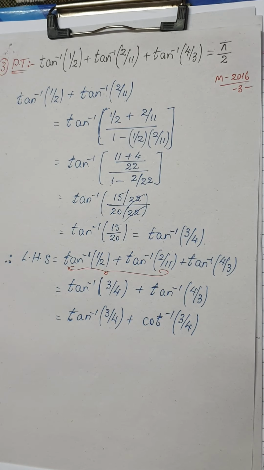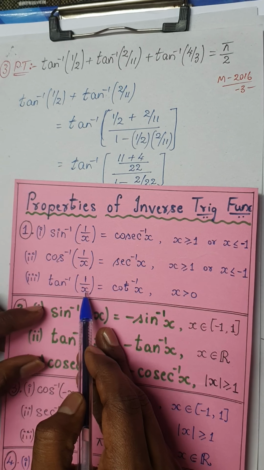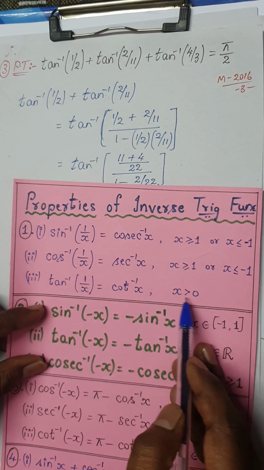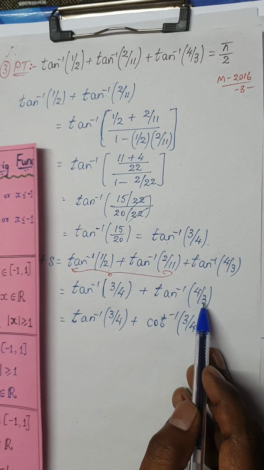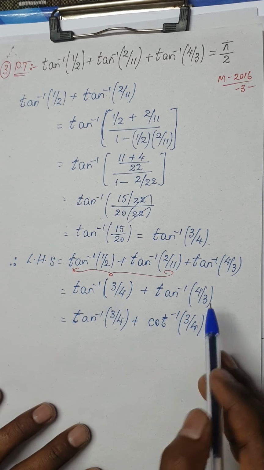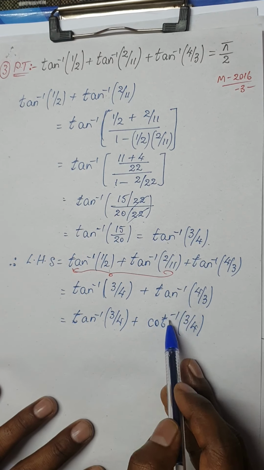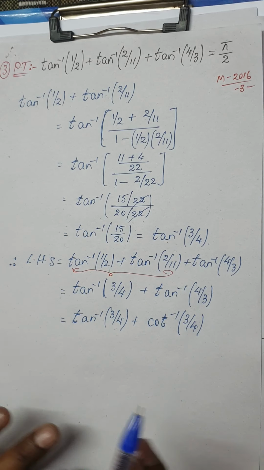What did I use? I used the reciprocal property, that tan inverse of 1 by x will be cot inverse of x only if x is greater than 0. Definitely here the term 4 by 3 is greater than 0. So I've kept this function as it is, and for this function I've taken the reciprocal. So tan inverse becomes cot inverse, and the reciprocal of 4 by 3 is 3 by 4.